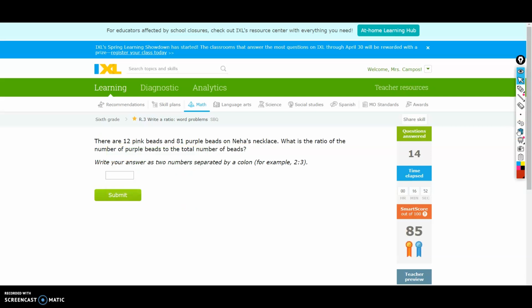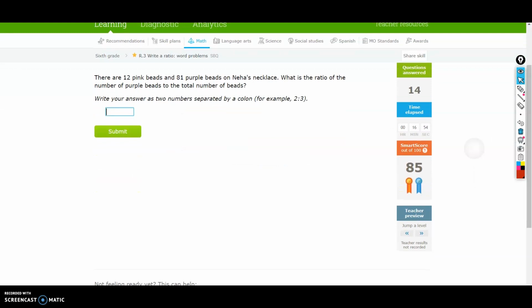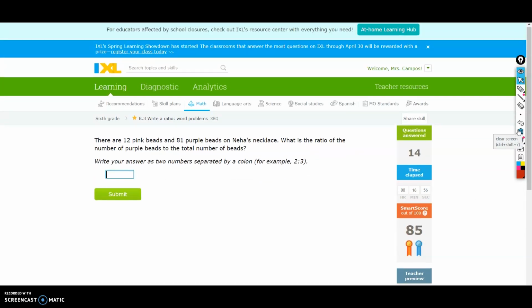Okay, I am going to go ahead, well, no, it's wanting you to type the whole thing, so I'm going to show you this one. There are 12 pink beads and 81 purple beads on Naya's necklace. What is the ratio of the number of purple beads to the total number of beads?